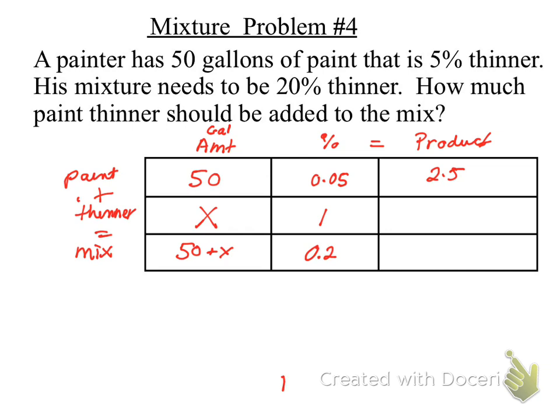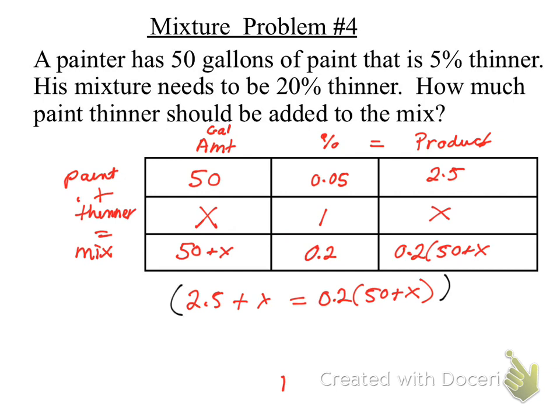Okay. And then we have the next one is X, and this is 0.2 times 50 plus X. So I end up with 2 and 5/10 plus X equals 0 and 2/10 times 50 plus X. I'm going to multiply by 10.